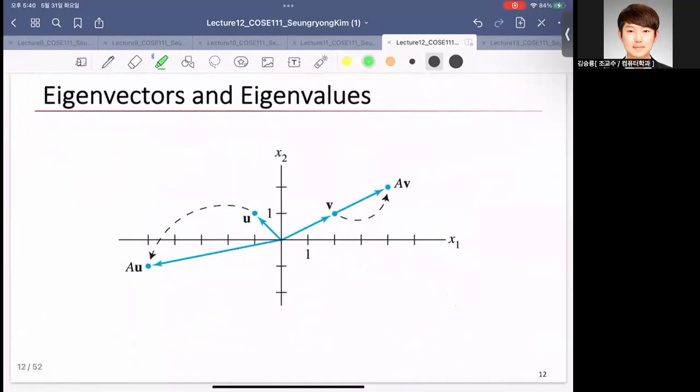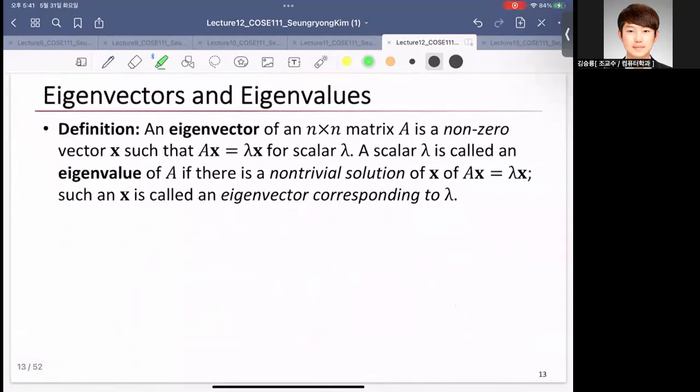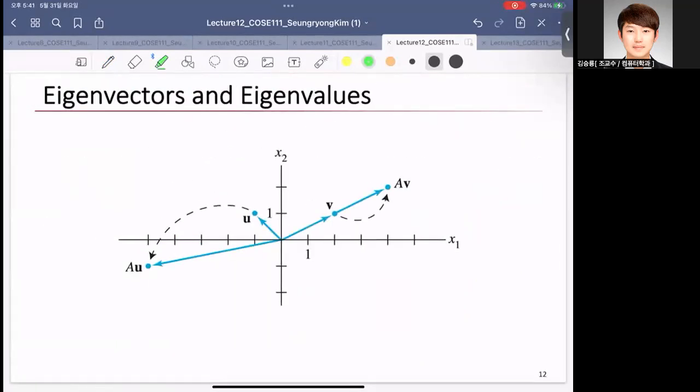In other words, what are eigenvalues and eigenvectors? Let's suppose that we have a matrix A, 3, 1, -2, 0.